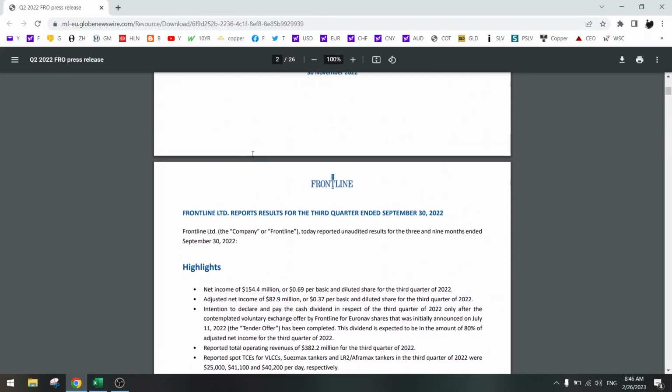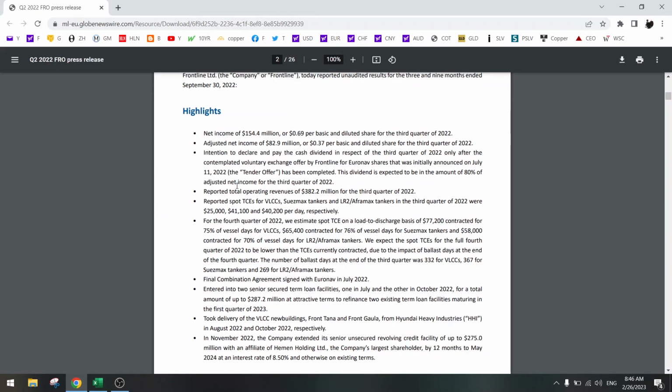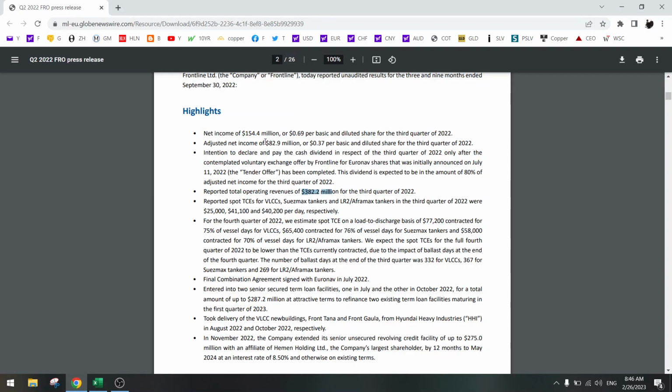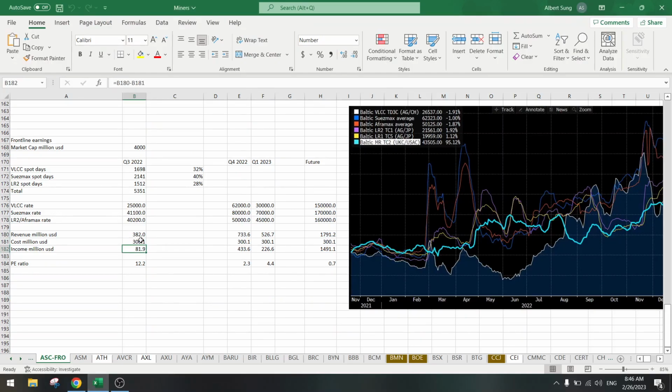So for the third quarter, we had revenue of 382, right? That's this. And then I looked at net income, 82. And then I assumed that this cost would be the same.